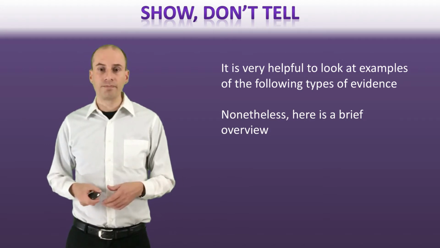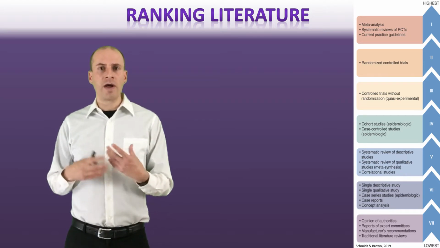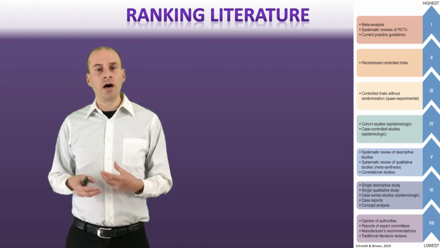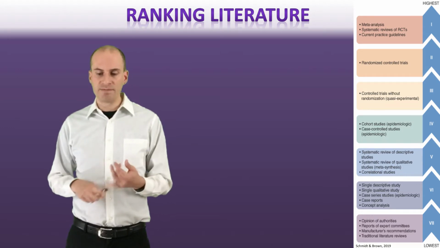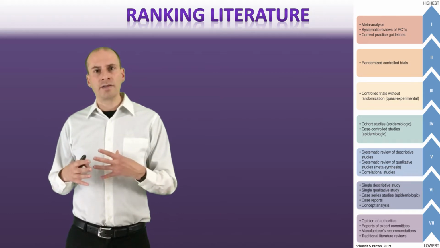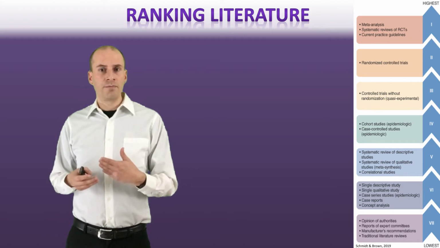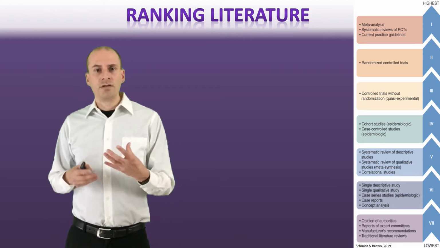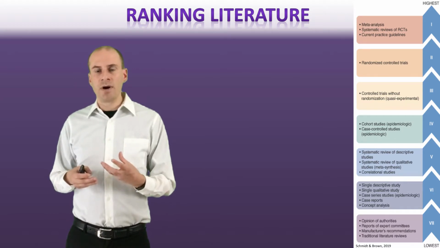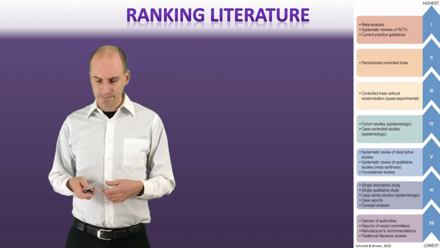All right, so I'm going to be using the ranking from Schmidt and Brown, the textbook Evidence-Based Practice for Nurses, to frame this conversation. They have presented a schema of essentially a ranking of different types of literature based upon its strength for making recommendations.